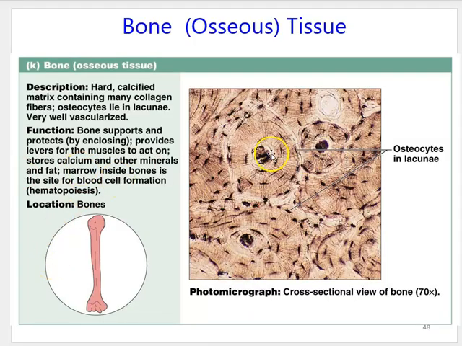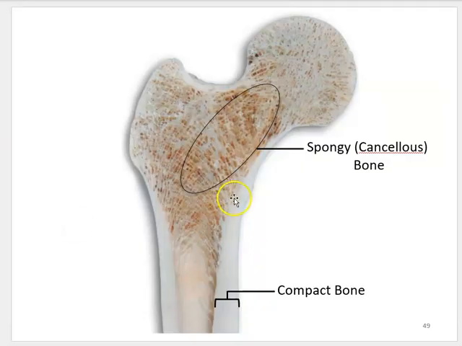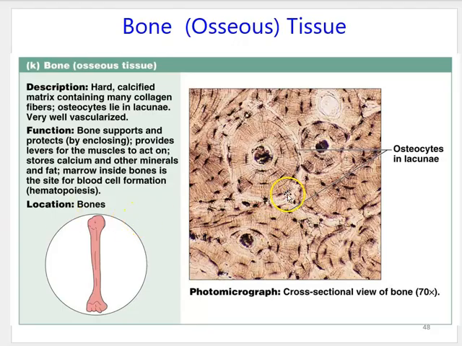Compact bone, a cross-section of it, looks kind of like tree rings, but what you're seeing is much more awesome than tree rings because there are cells everywhere in this compact bone, in this super dense bone with no visible features. There are cells everywhere. They're just too small to see.